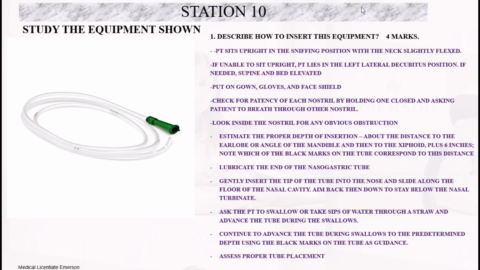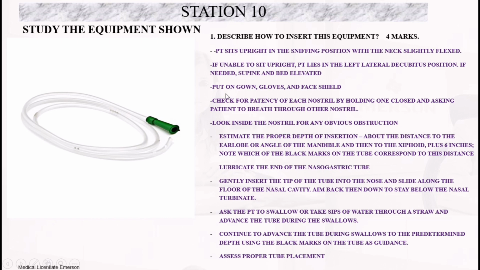Okay, so let's start. The patient sits upright in the sniffing position with the neck slightly flexed. If unable to sit upright, the patient should lie in the left lateral decubitus position. If needed, supine with the bed elevated.